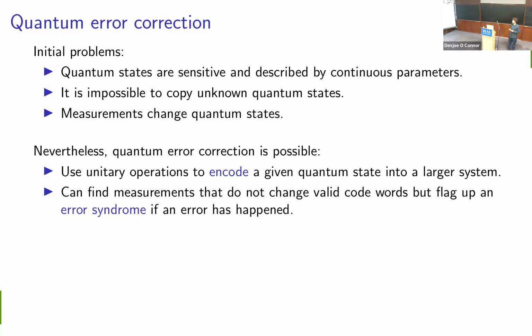And we can do that in such a way that there are specific measurements where we know those are not going to change our valid code word, a state that arises from encoding some initial state that we want to make resistant to errors. And so we're not going to measure all the information there is to measure, but we're just going to measure certain correlations between different qubits in such a way that we don't change our code words. But we do get information about if there was an error.